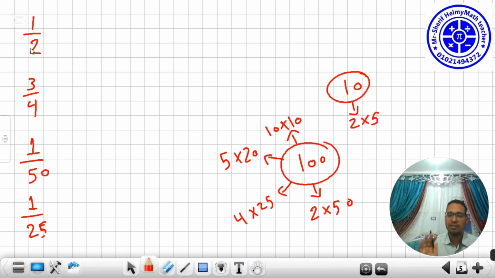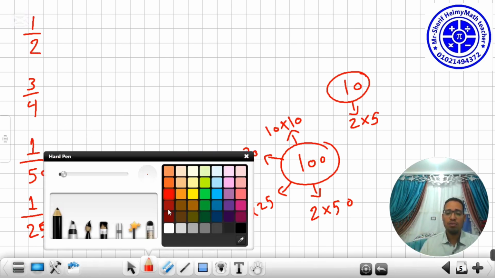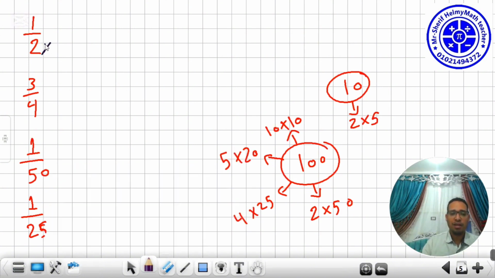We need to make it 10 or 100 or 1000. First, think of 10. This 2, can I convert it to 10? Yes. How? Because 2 times 5 equals 10. So here multiply by 5 and here multiply by 5. So it will be 5 over 10, the same as 0.5.